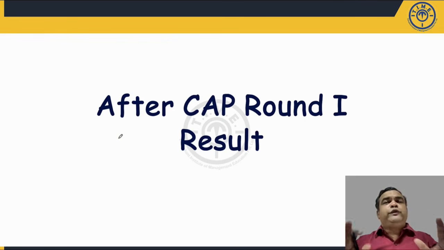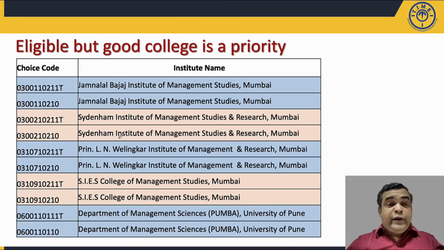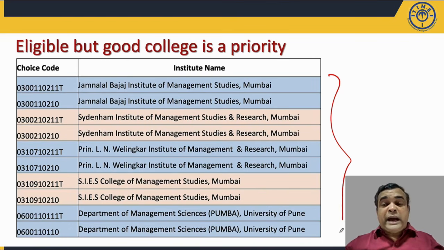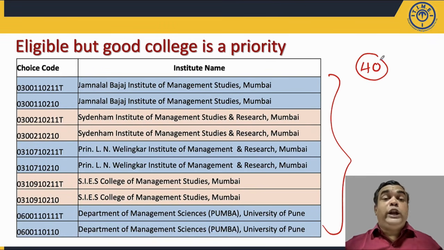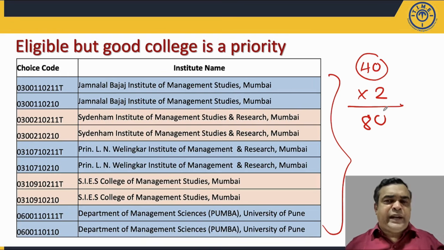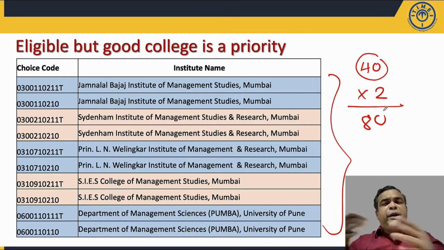Now, once you fill the option form, that is, you select the 20-40 colleges. By the way, when somebody is filling in this manner, though there are 40 choices you have to select, 40 colleges, with every college 2 choices, so you have to fill a list of 80. Now, will everybody fill all 40? May not be. Somebody will choose the top 10.